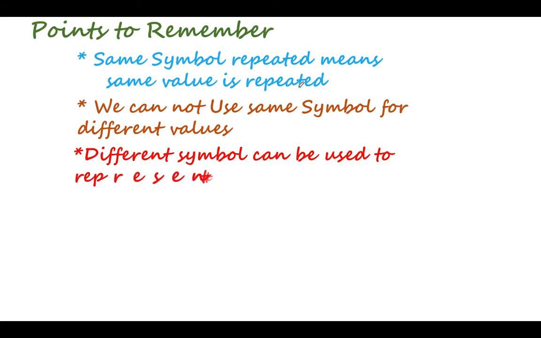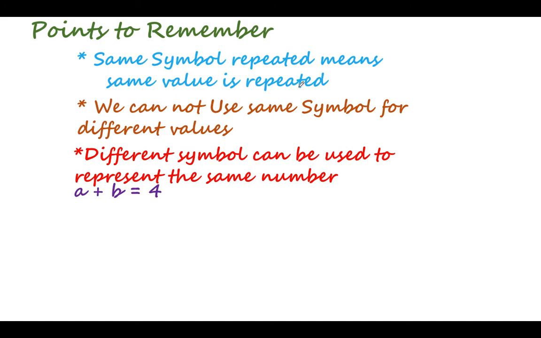Suppose you have to represent apples by x, so you cannot represent oranges also by x. But different symbols can be used to represent the same numbers. Like 5 apples, I can use x to represent my 5 apples in one situation, and I can use y to represent my 5 apples in another.